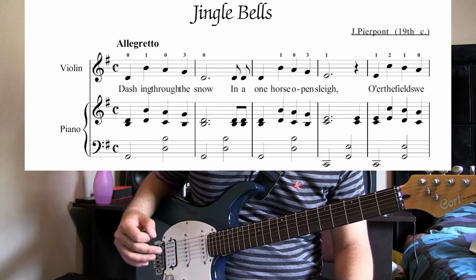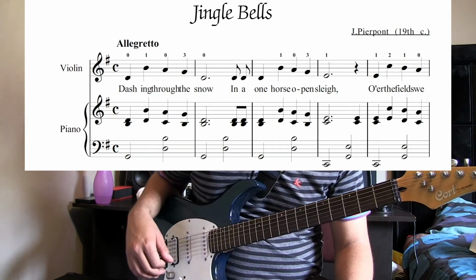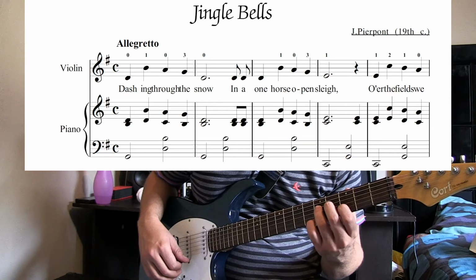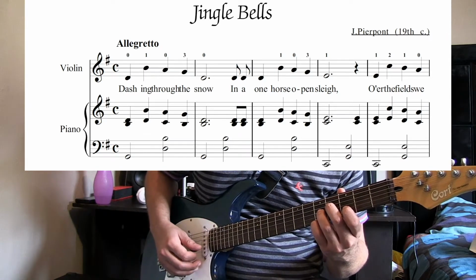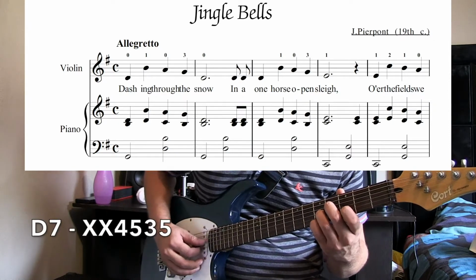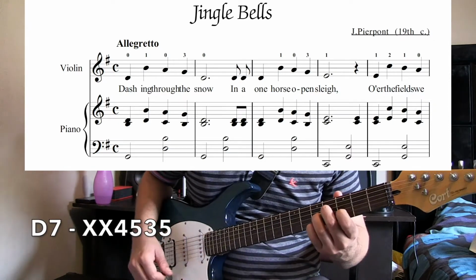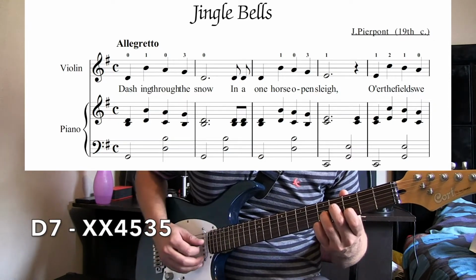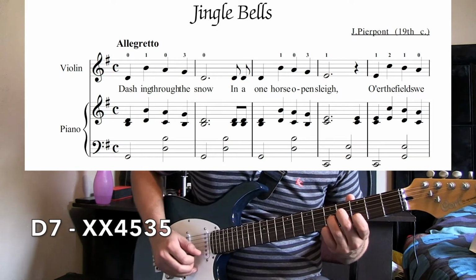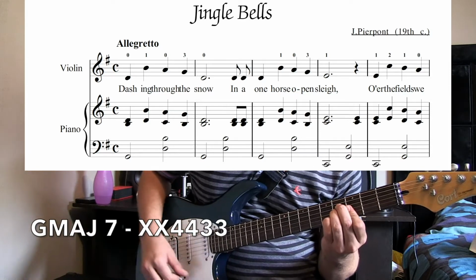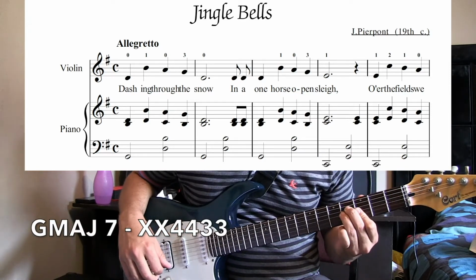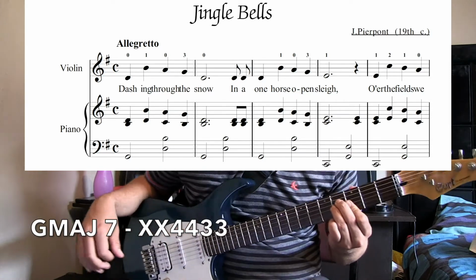And then for that A note, A is not a note of G major. So what I decided to do there is to bring in the 5 chord and play this inversion of it, and then I resolve to G major 7 again, which is an inversion of G major 7.